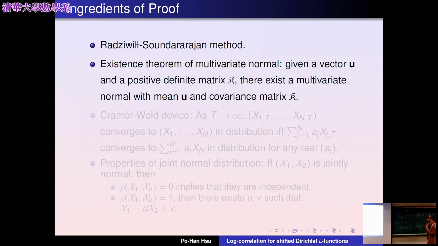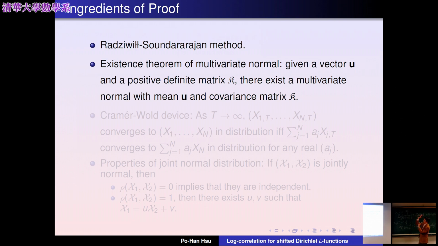And then we use the existence theorem for the multivariate normal distribution. That is to say, for a given vector u in appropriate dimension and a positive definite matrix K, there always exists a multivariate normal distribution with this u as the mean and the covariance matrix the given K. The way we prove it is, they are all mean 0, and we use this cij and delta ij given a priori.